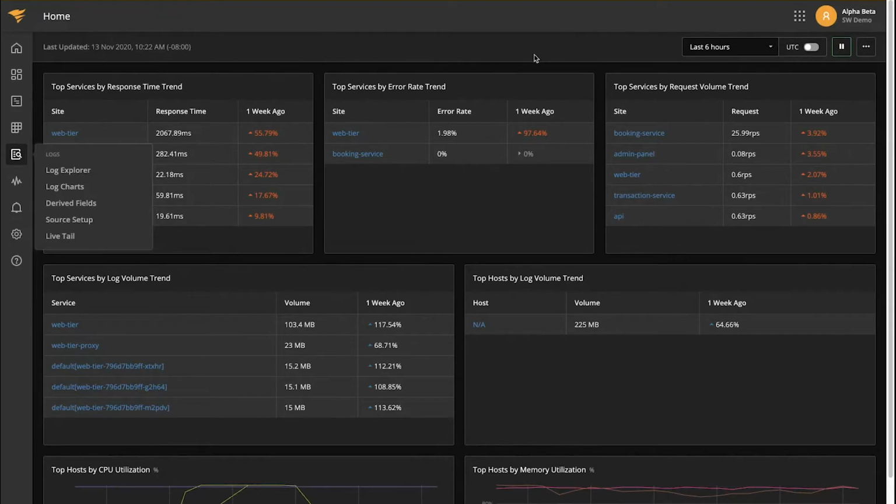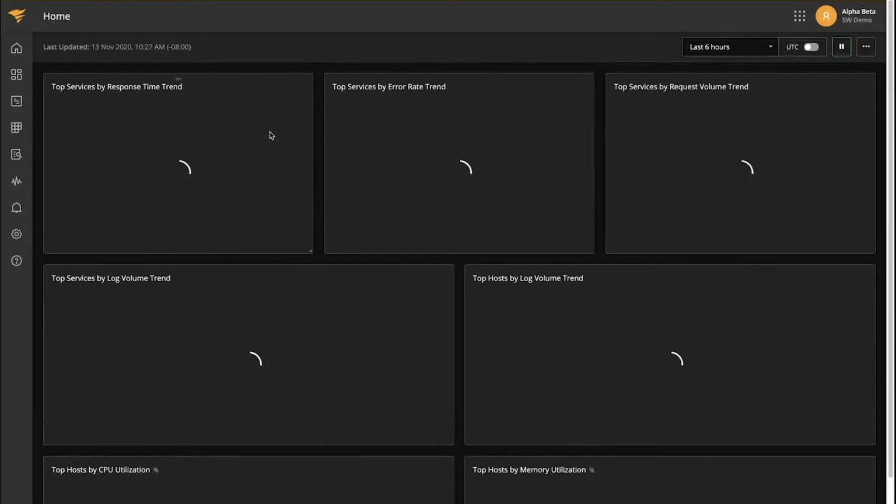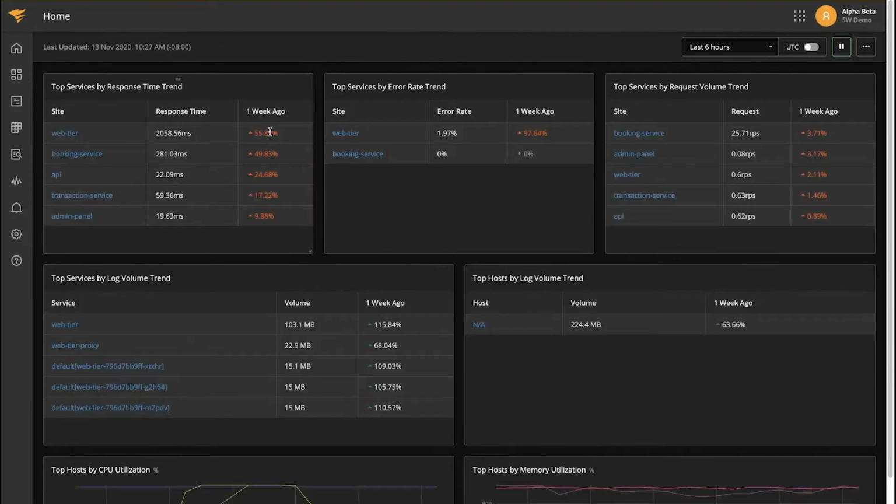If you look at the screen here, we've got top services by response time trend. What this shows us is which services are slower right now than they were a week ago. Jumping out at us is our web tier service. It's running about 56% slower compared to a week ago.